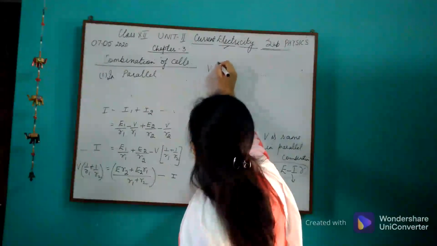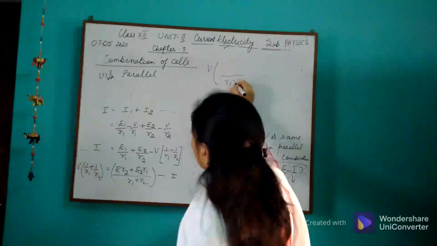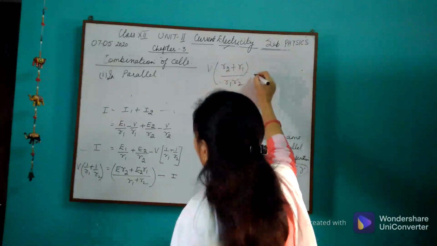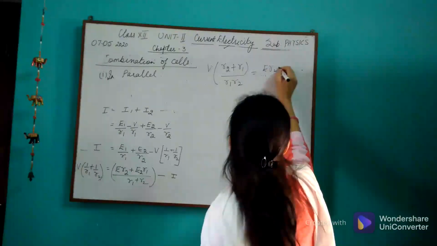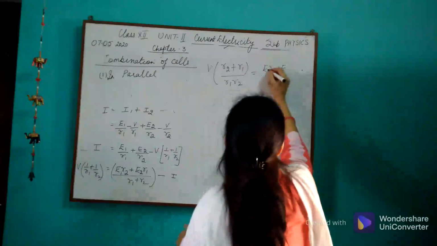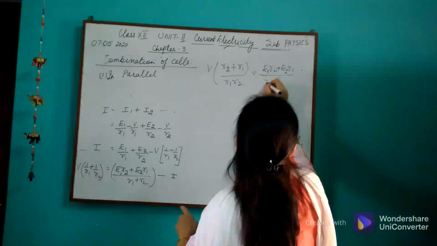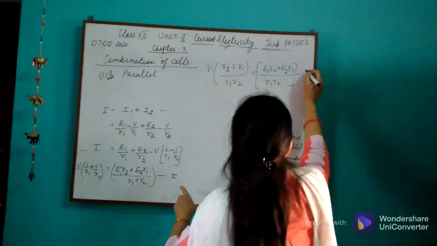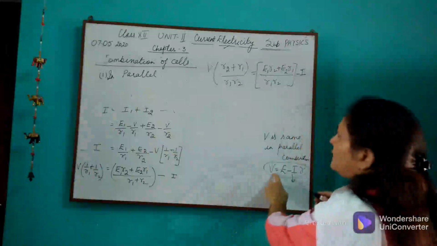So V times R1 plus R2 upon R1 R2 is equal to E1 R2 plus E2 R1 upon R1 R2 minus I. I have to keep only V on the left hand side.